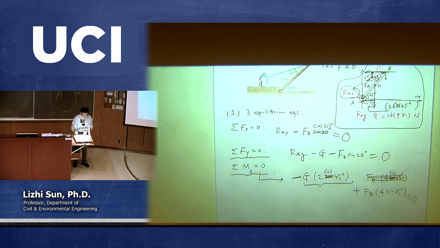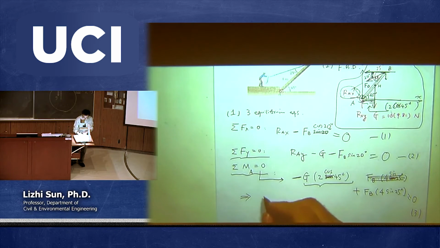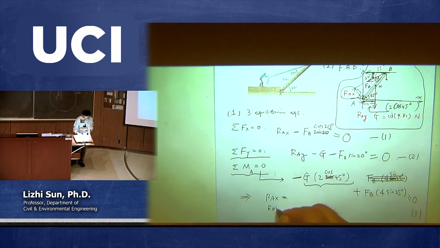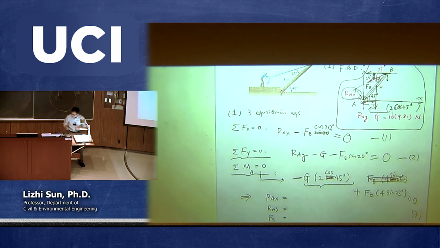Okay? So these are the three equations: equation 1, equation 2, and equation 3. When you combine those three equations, you can easily calculate these three unknowns, which are RAX, RAY, and FB.